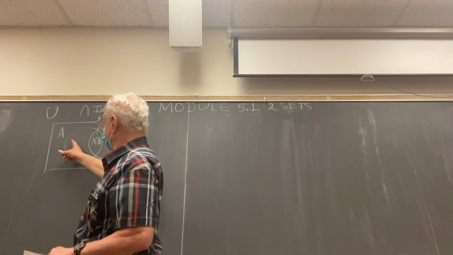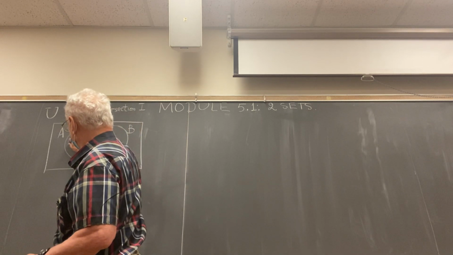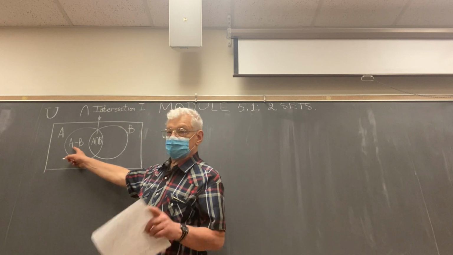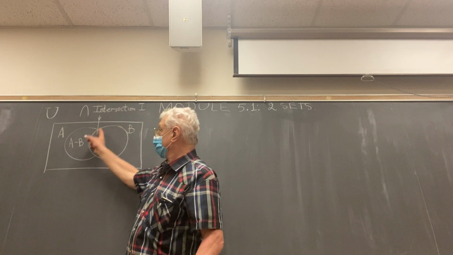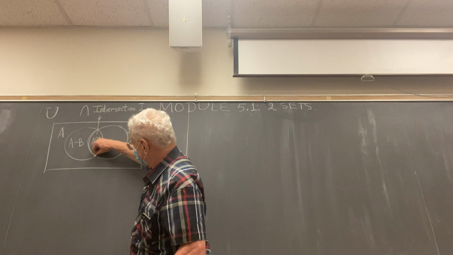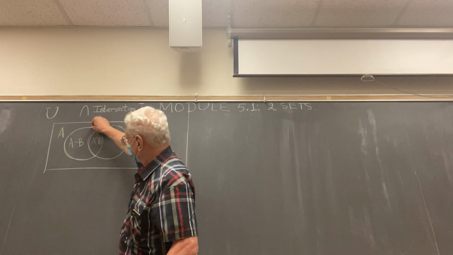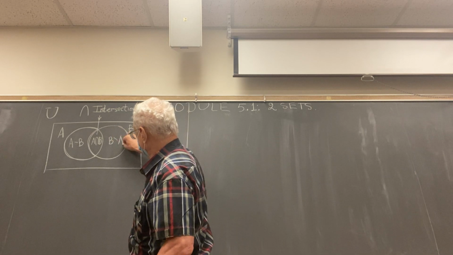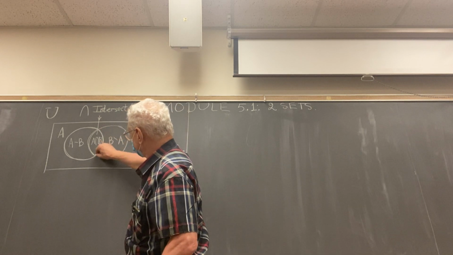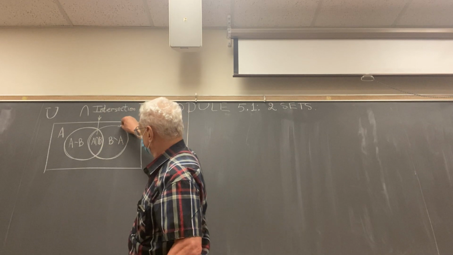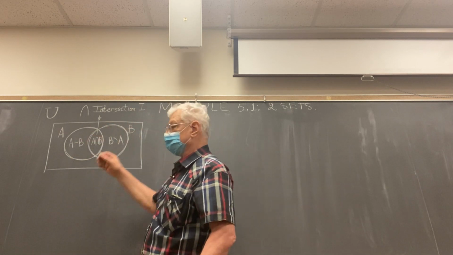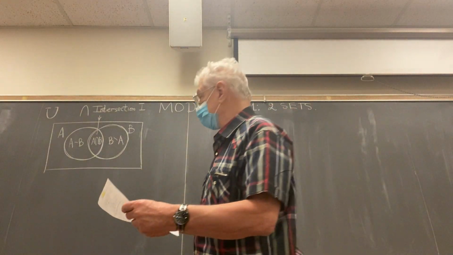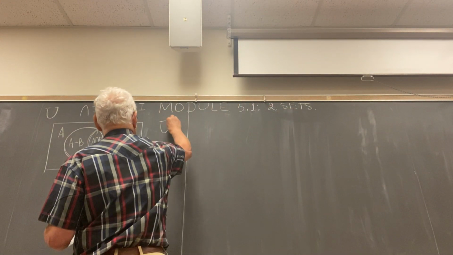Now, this part is A minus B: the elements which are in A but outside of B. And likewise, the other part is B minus A. These are the elements in the set B but outside of A, that do not belong to A. Now we consider a particular example of this set.